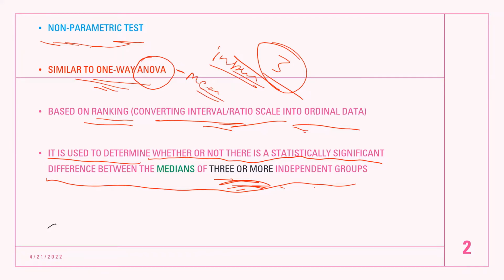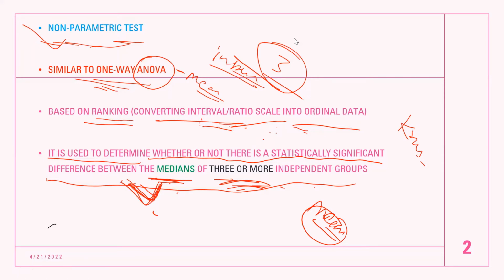But when we are talking about a non-parametric test like the Kruskal-Wallis test, then it is the difference among the medians. Why? Because we have converted the interval or ratio scale into the ordinal scale by providing different ranks. If there are ranks involved, then definitely we cannot calculate the mean. So if you cannot calculate the mean, then you have to calculate either the median or mode. So in the case of the Kruskal-Wallis test, researchers basically use the medians.